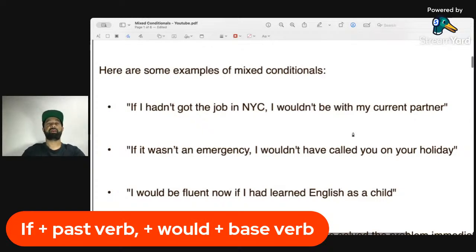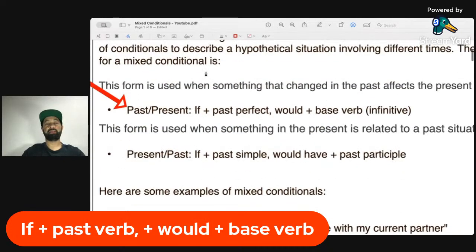All right, so again, we're following this grammar, this pattern here. Okay, I want everybody to remember that pattern. I'll actually put it as a banner right now.